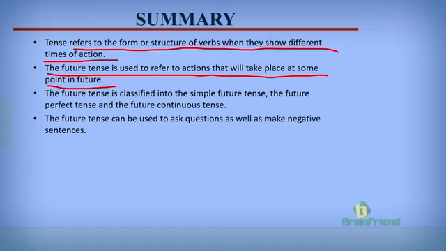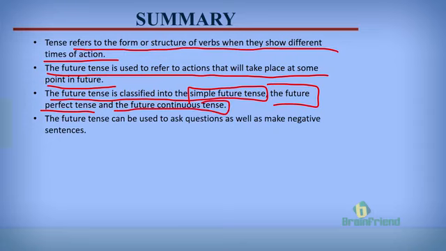We learned also that the future tense is classified into the simple future tense, the future perfect tense, and the future continuous tense. And lastly, we saw that the future tense can be used to ask questions as well as make negative sentences.